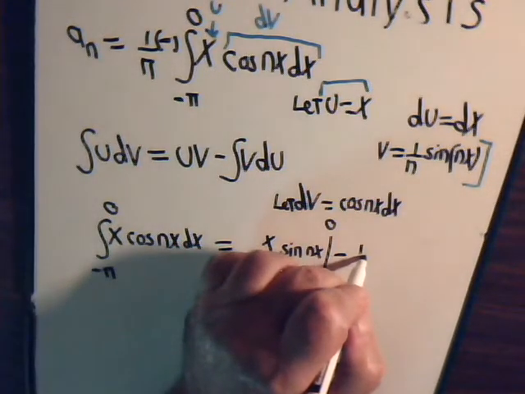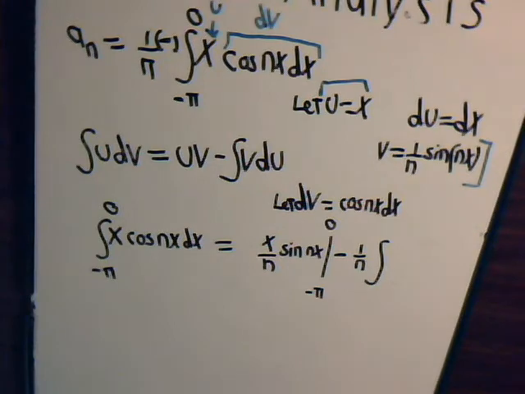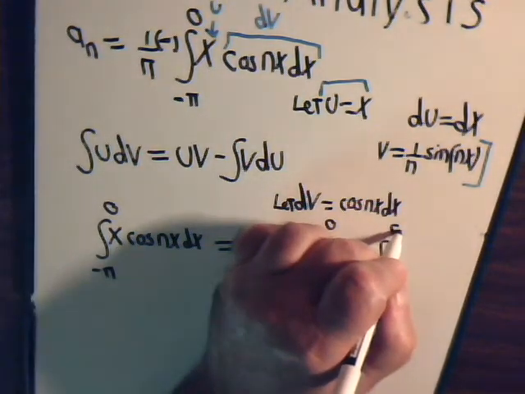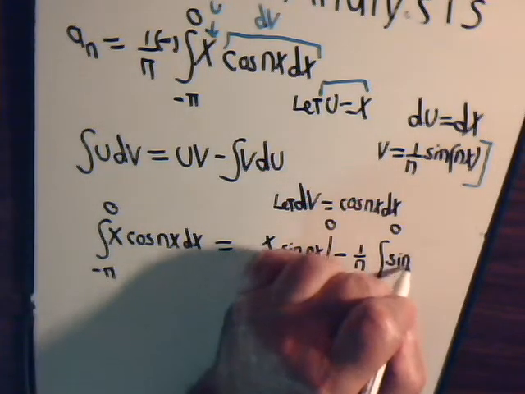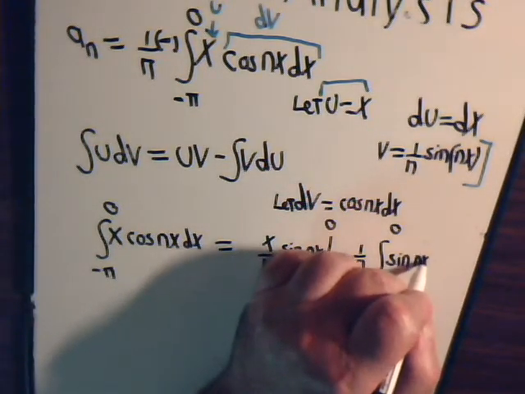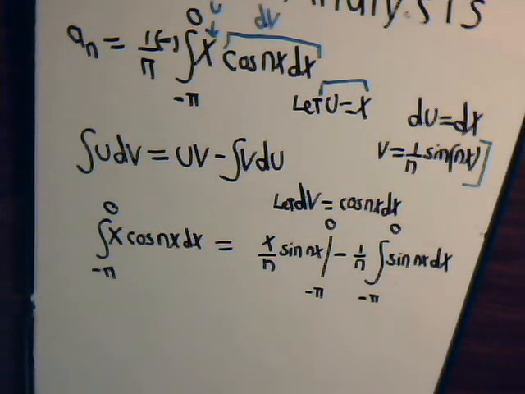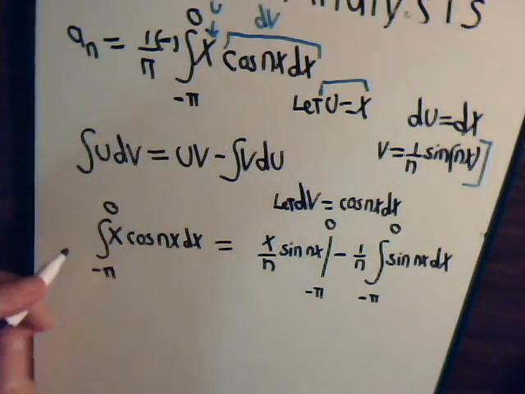So that's 1 over n. It's a constant, so we take that to the outside. From minus pi to 0, the sine of nx dx. And actually we want to know what is minus 1 over pi times this integral.